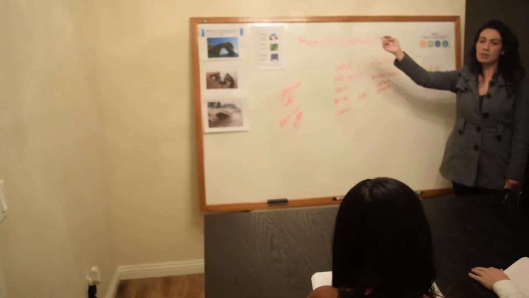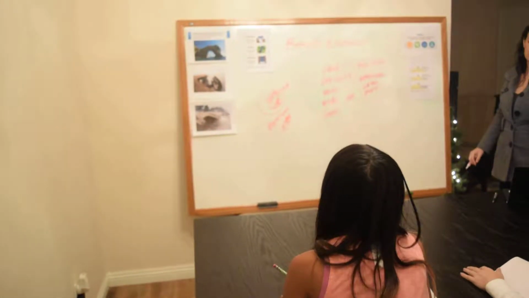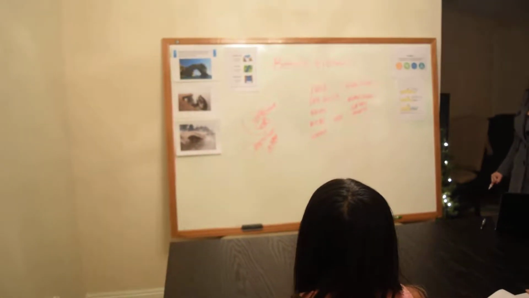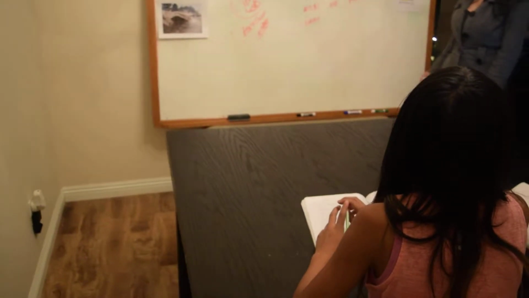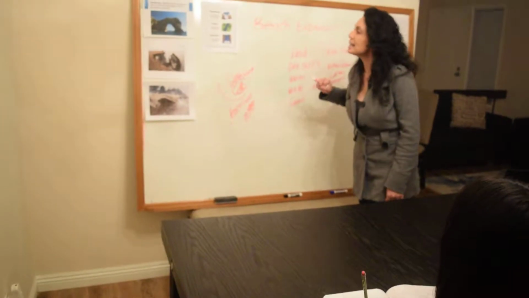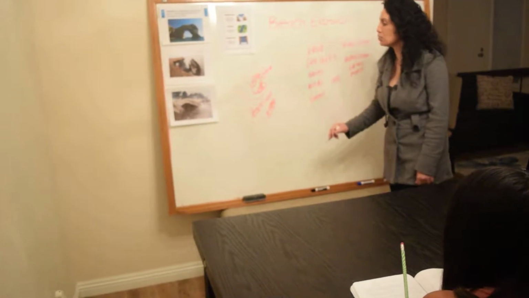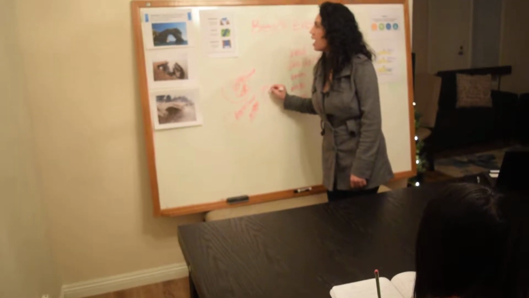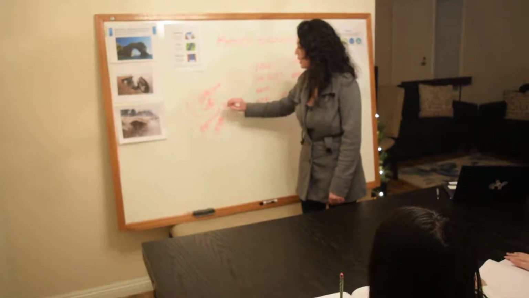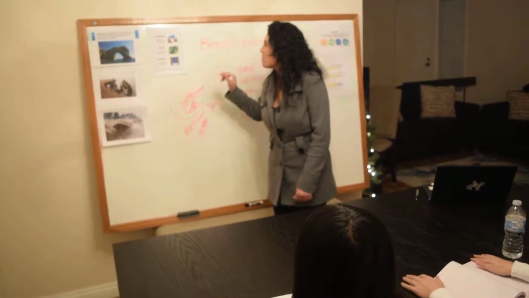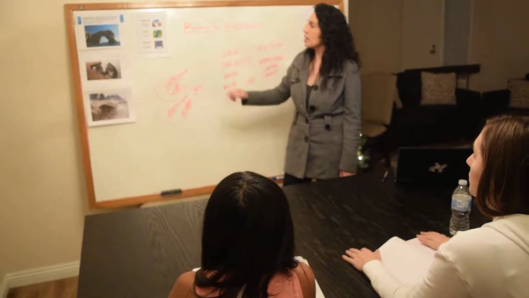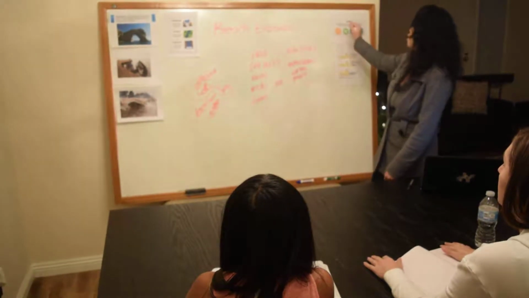Could you read weathering for me, Annalise? Weathering is the breaking down of rocks through contact with the atmosphere and waters. It breaks down and disintegrates substances, the rocks, the minerals, by physical, chemical or biological processes, along with erosion.